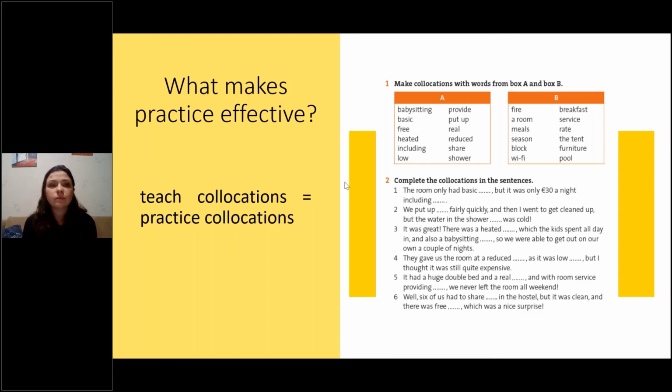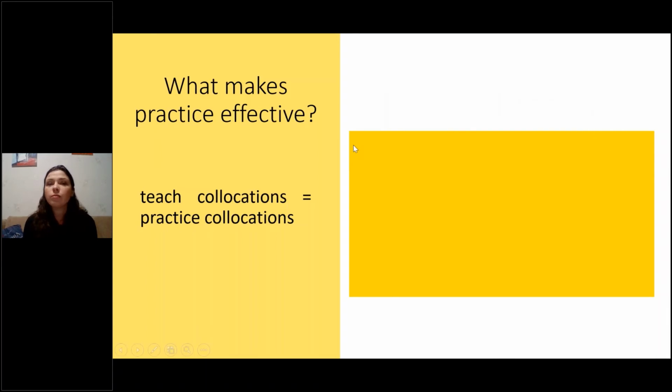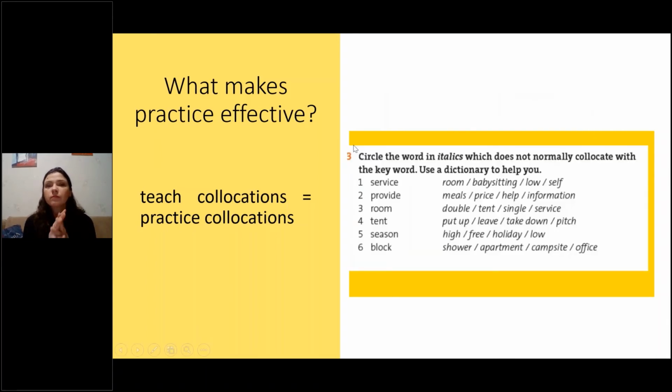Another way to practice is find out which word does not normally collocate with the keyword. It's really interesting, and it can be given for homework. Your students can do some research. You can teach them and explain to them that there are some sites.